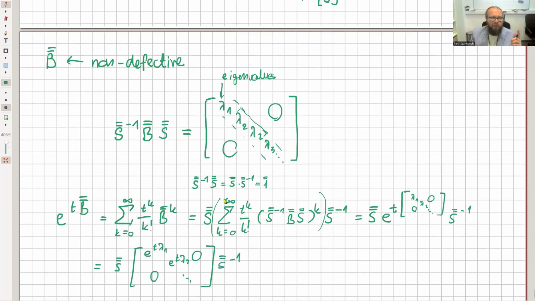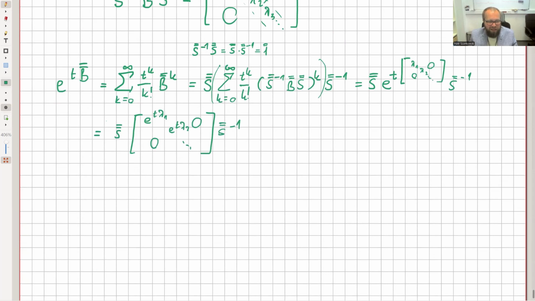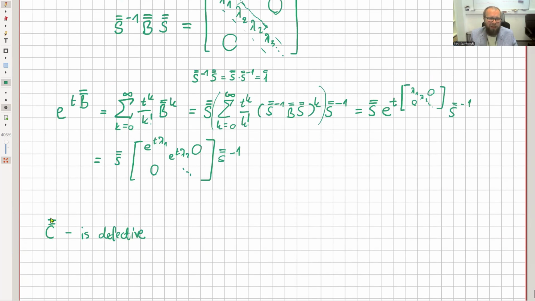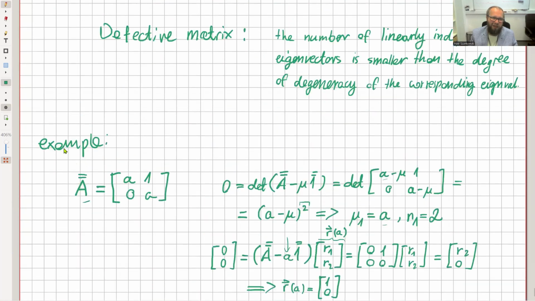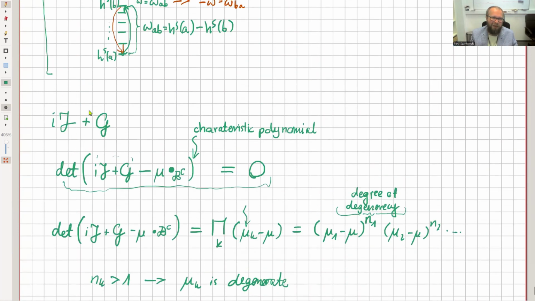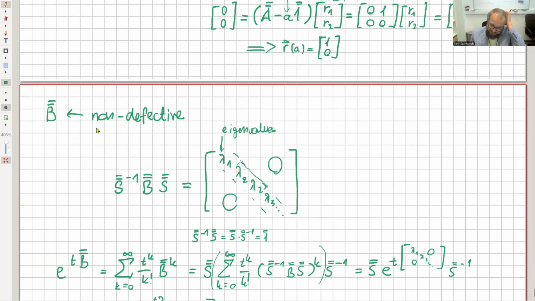And now if your matrix is defective, so let's take C that is defective, we cannot do diagonalization, not enough eigenvectors, but we still have eigenvalues, and we still would love to be able to calculate functions of this matrix, for example, the exponent specifically of this matrix. We have a use case for this kind of thing.